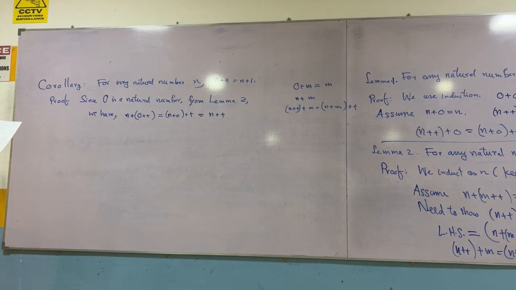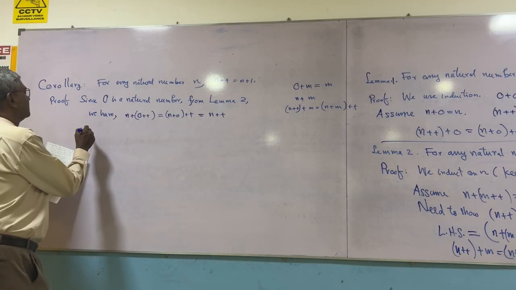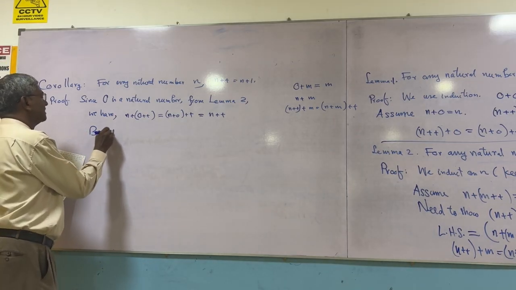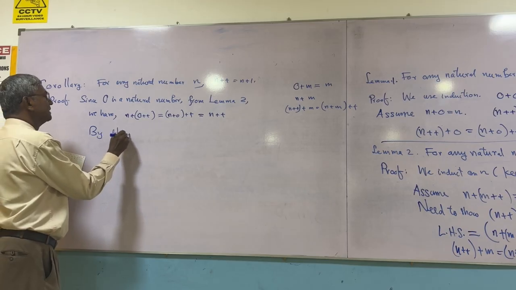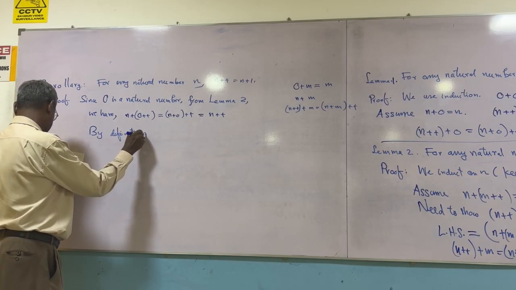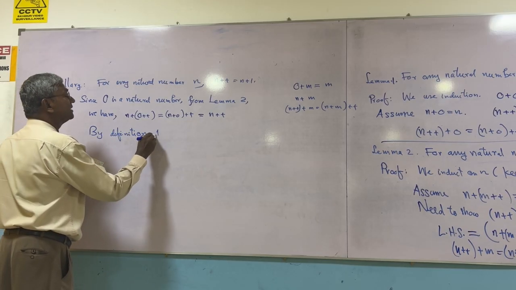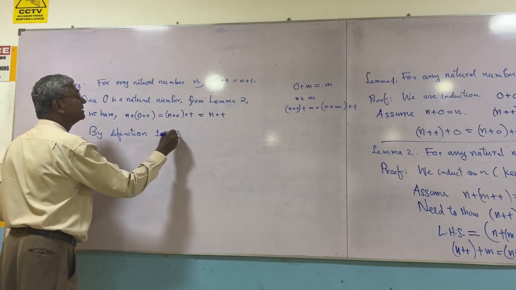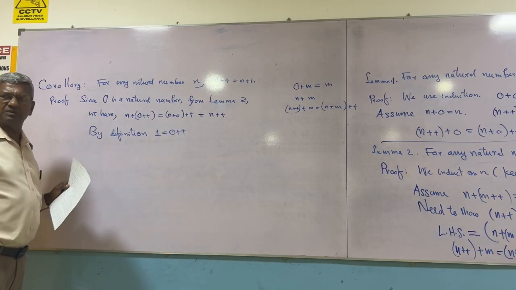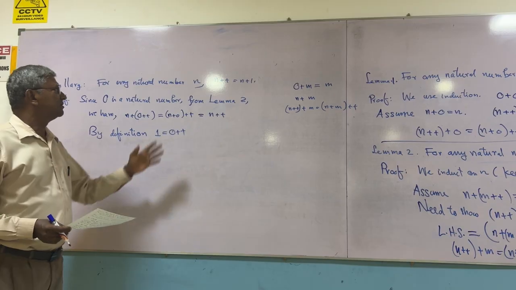By definition, somewhere we wrote 1 is equal to 0 plus plus. We define that way. 2 equals 1 plus plus. So then we are done, no?